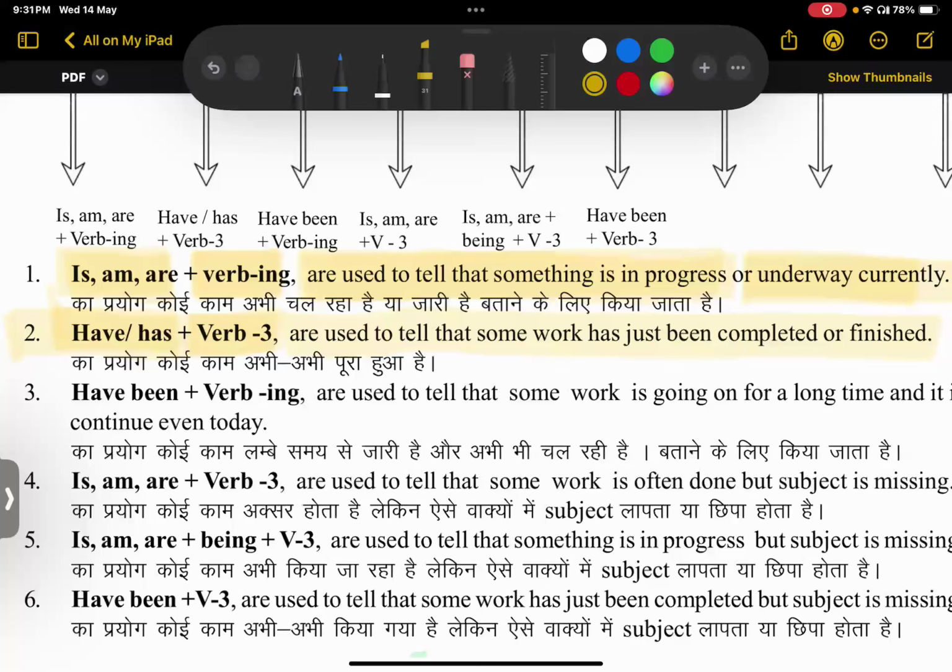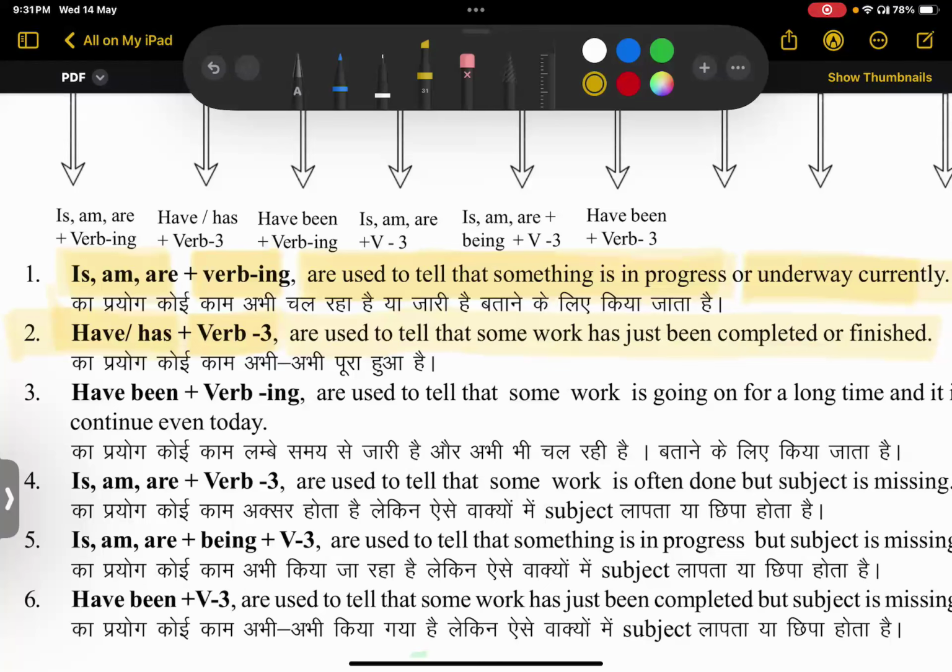If you say I have plus verb in third form, you have plus third form, he has plus third form, she has plus third form, you mean to say that you have just completed something. For example, I have taught you this lesson. What do I mean by saying this sentence? I have just taught this lesson.